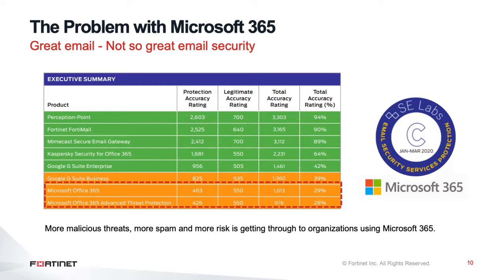So we have very good experience, and we got an accuracy rating of 90% last year from SE Labs, which is good, still considering that that's not the only thing that we do. So looking into this, it doesn't take away the fact that the email service provided by Microsoft is pretty good, but the security isn't. That's why you should consider those other options out there.